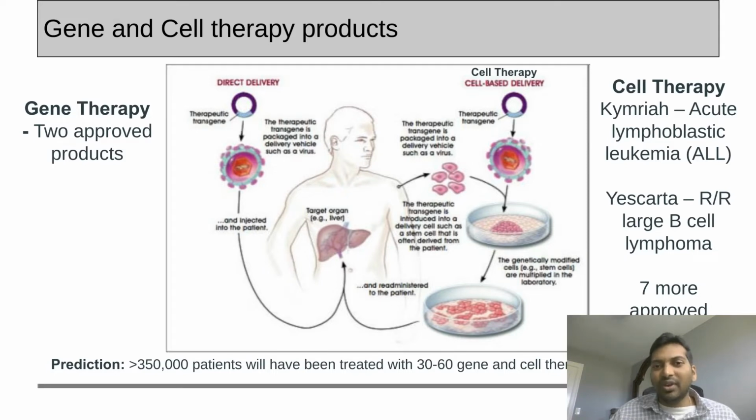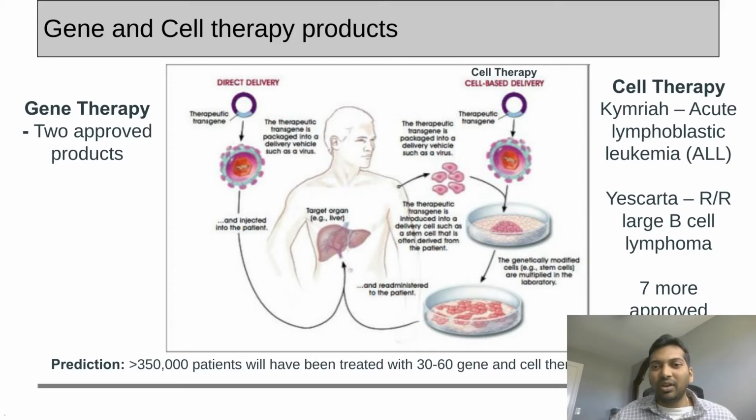People use different kinds of viral vectors, such as adenoviruses, adeno-associated viruses and lentiviruses, and there are also retroviruses. Once this product has been produced, it's introduced intravenously, or with specific tropism, into the region of the therapeutic area. The one on the right is a cell therapy product.